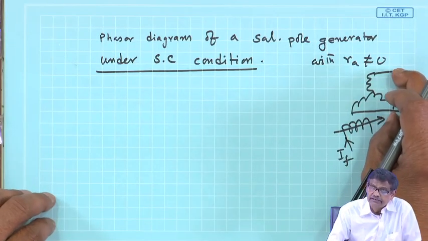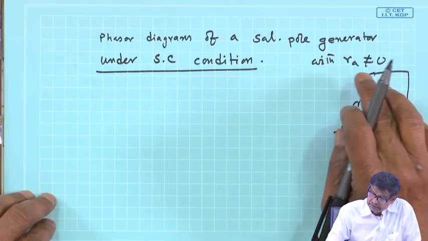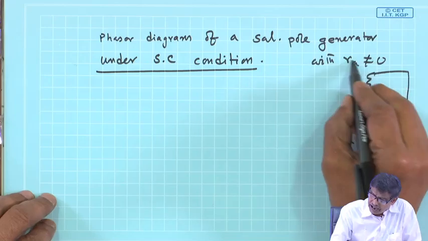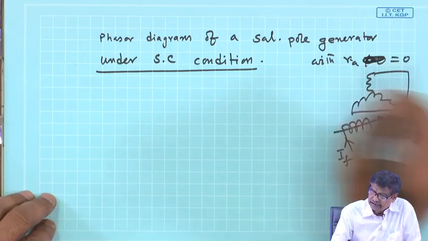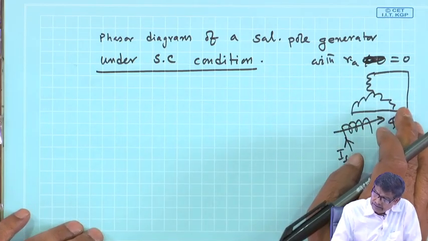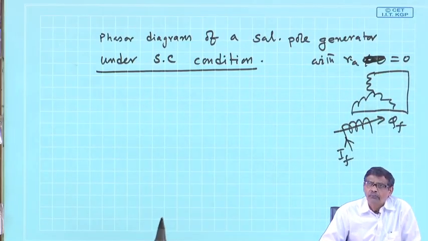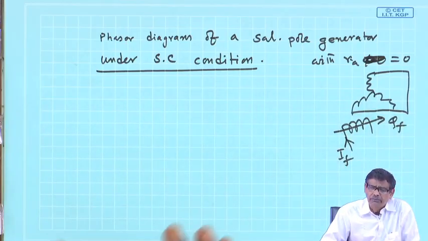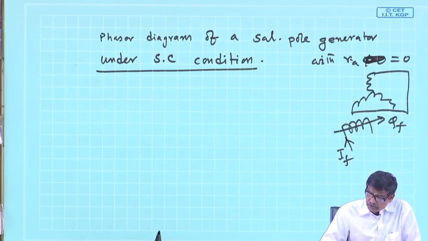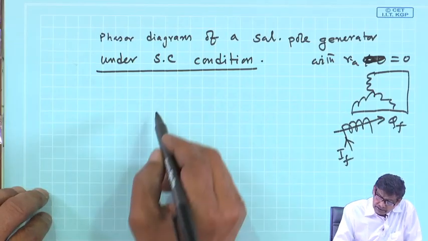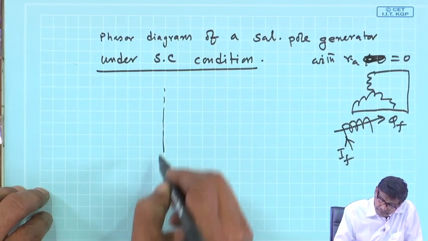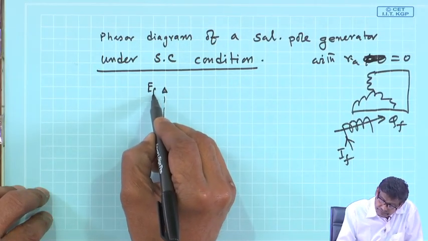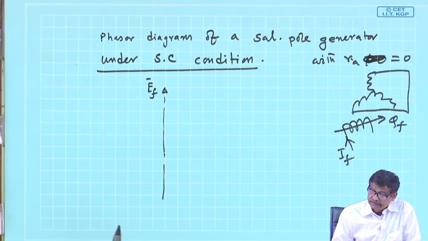Now, terminal voltage is 0, then V plus this impedance drop. Suppose RA equal to 0, let us do the simple case first. Then this armature current will be almost lagging by 90 degrees, after all there is no resistance, so it will have an inductive effect. So, we will first draw EF, this will be the case.